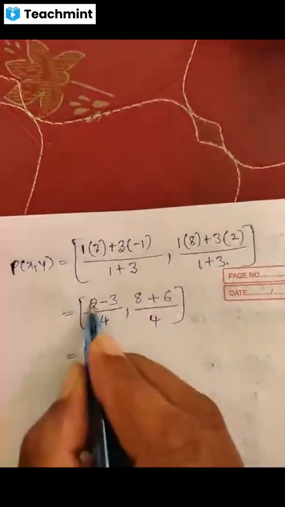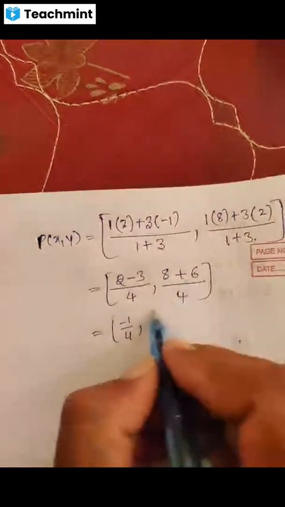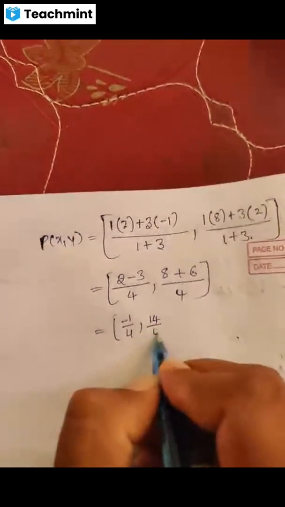Therefore 2 minus 3 is minus 1 divided by 4. 8 plus 6 is 14 divided by 4 are the coordinates of P xy.